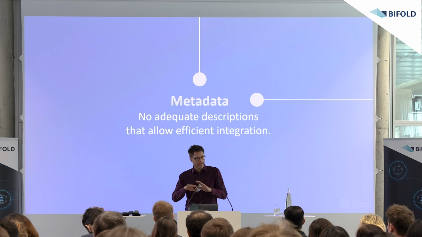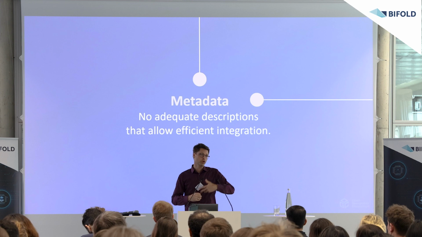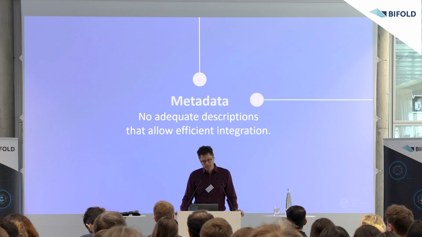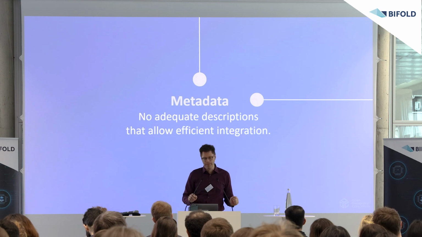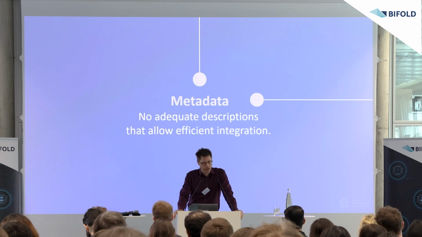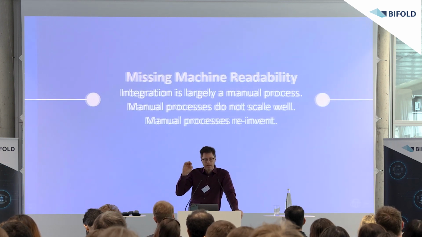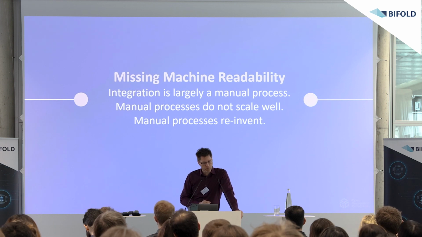But if you know exactly how something was produced, you can use it directly. If you know that the production had some specific constraints, for example, a different sampling regime, you know that you may need to do something with the data before you can actually use it, right? So metadata is absolutely key. The machine readability is the next step that we need to bring into place.